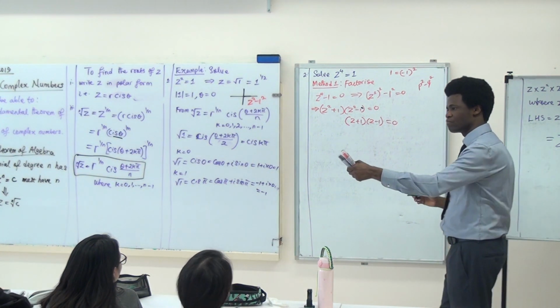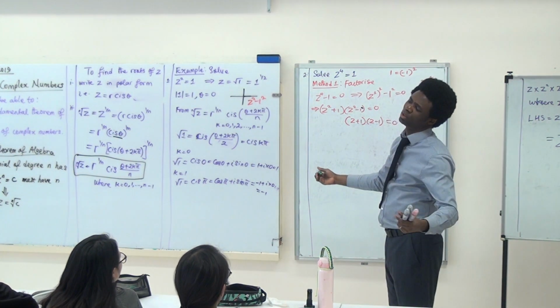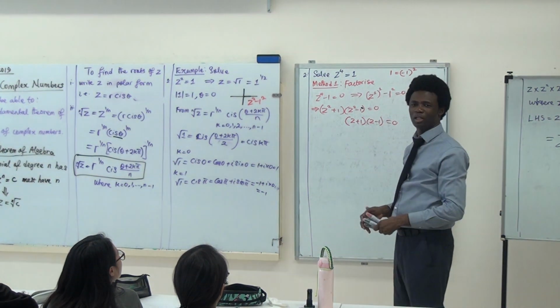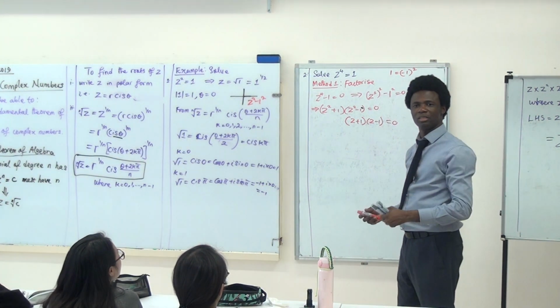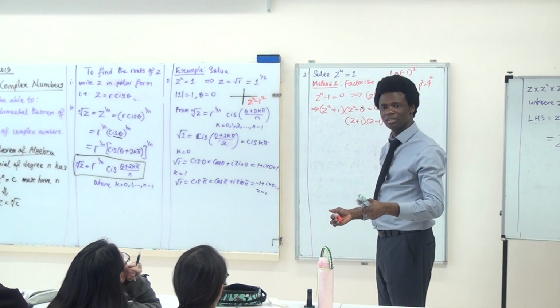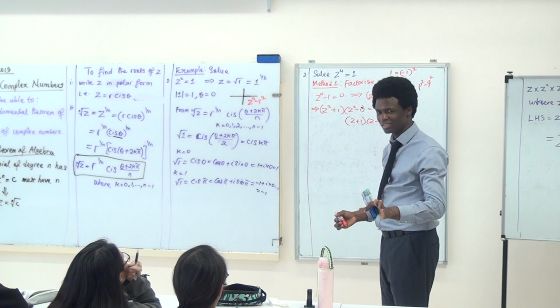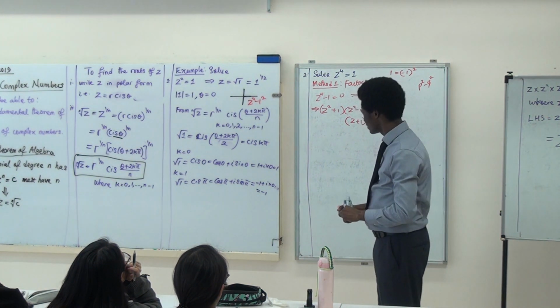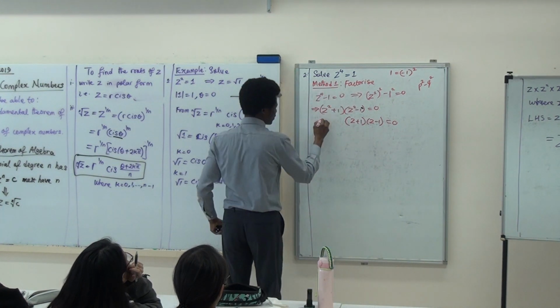Oh, imaginary. Thank you. With what you have said, can somebody now tell us what to do? Yes. z squared minus i squared. That's it.